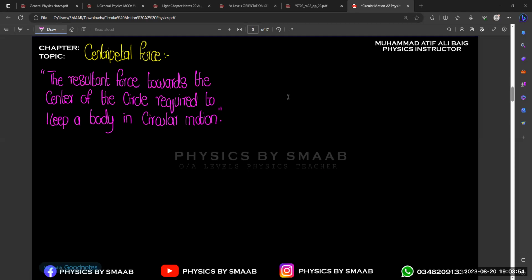So it is always directed towards the center. We already know about that. We already observed it in different diagrams, right? Yes.